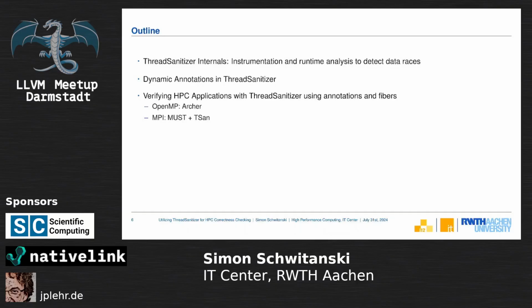Those are dynamic annotations, because they help us to additionally add information about memory accesses into the ThreadSanitizer runtime, which helps us in the verification of OpenMP and MPI. I will also talk a little bit about that. So I would like then to conclude with some information on how we use ThreadSanitizer to indeed verify HPC applications.